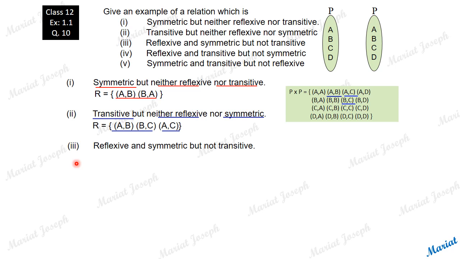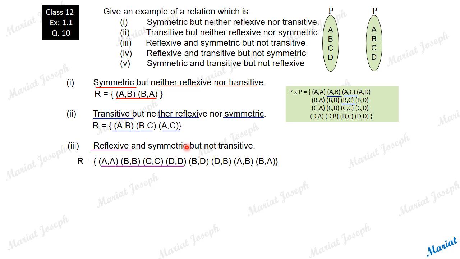Next, we want an example of a relation which is reflexive, symmetric, but not transitive. First of all, let's maintain it reflexive. To be reflexive, we need to keep all these elements AA, BB, CC, DD. Yes, maintained it reflexive.